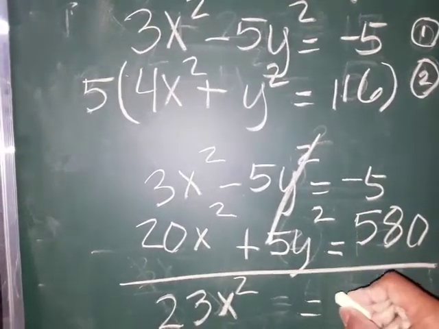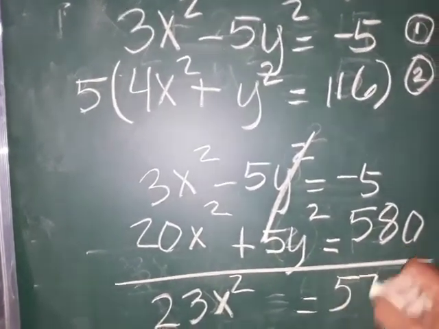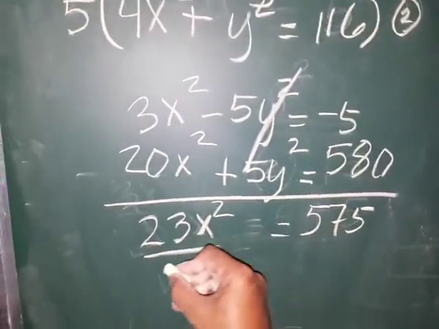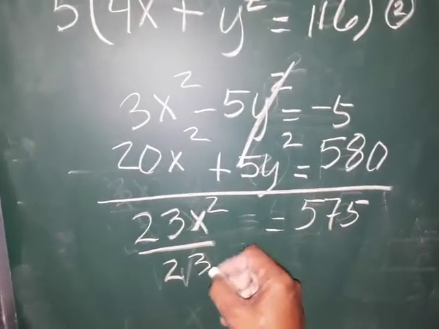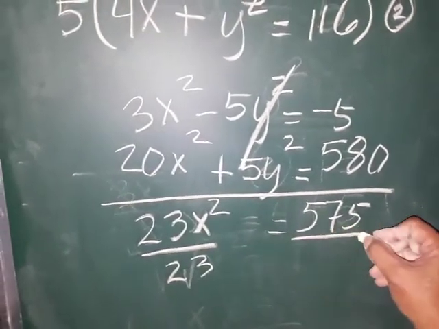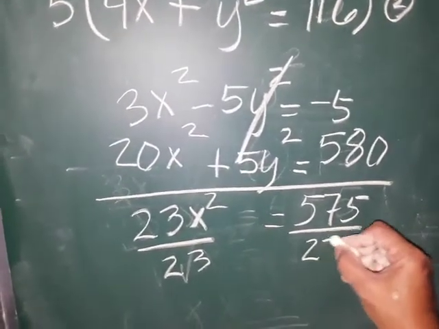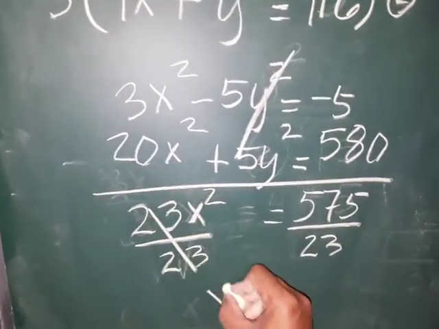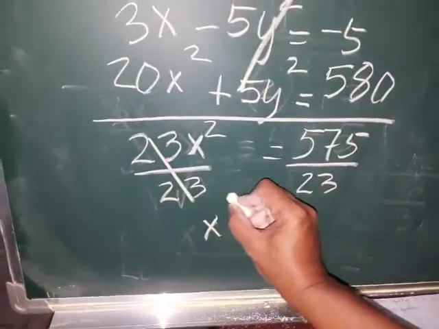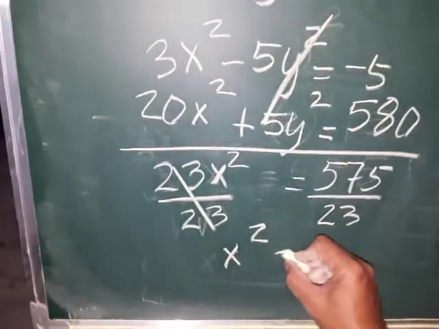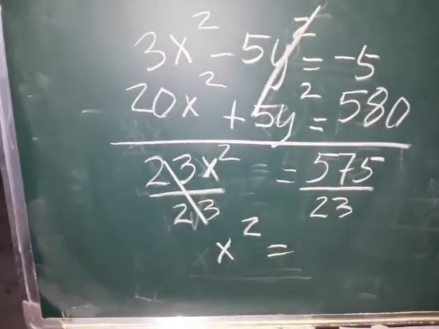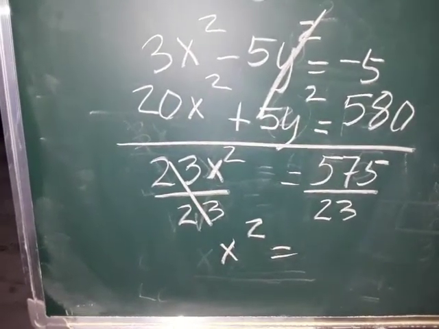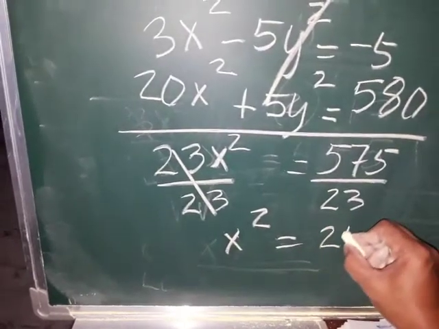We have 575 divided by 23, para ma-isolate si x squared. Ma-isolate means siya lang mag-isa. Now we have x squared is equal to 575 divided by 23 is equal to 25.